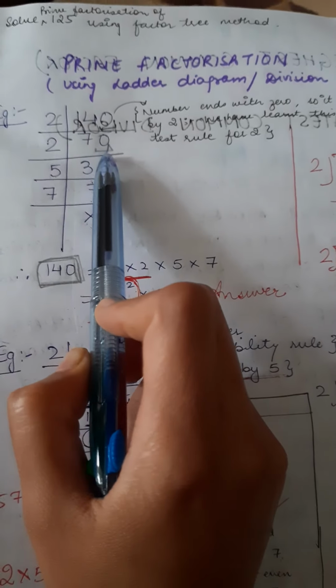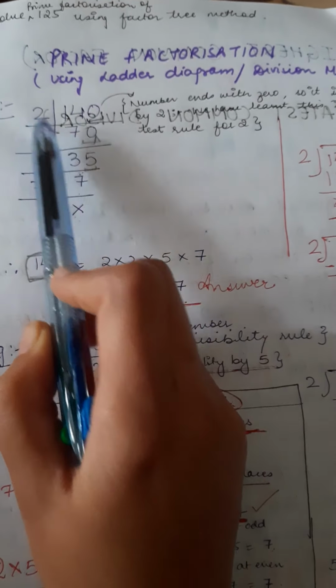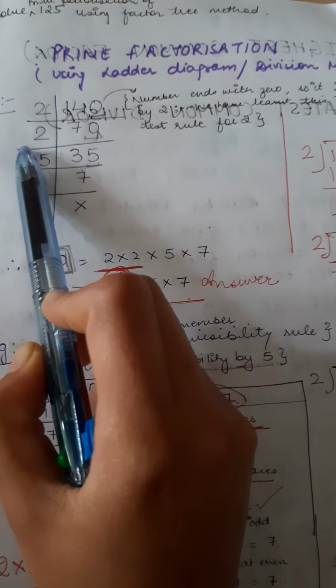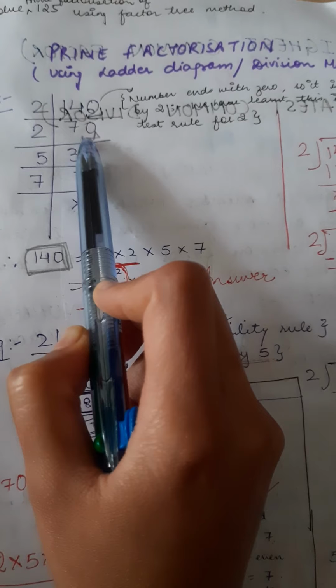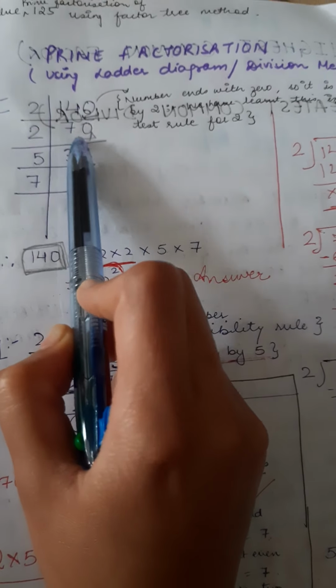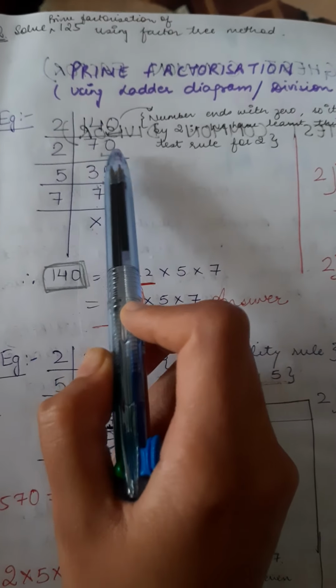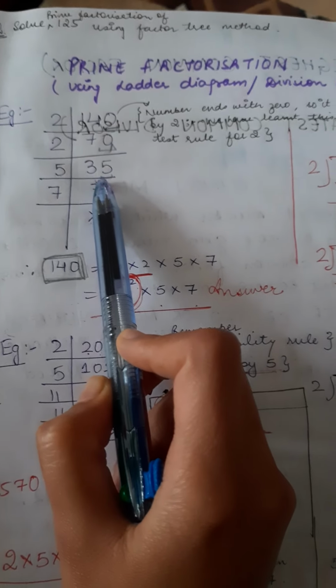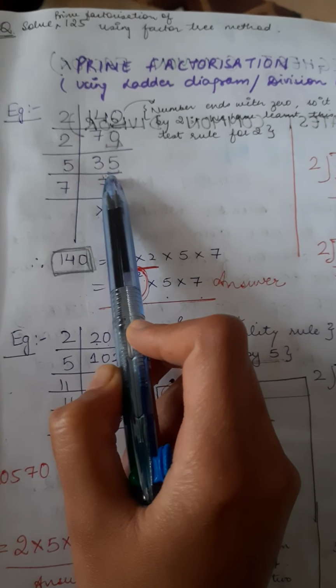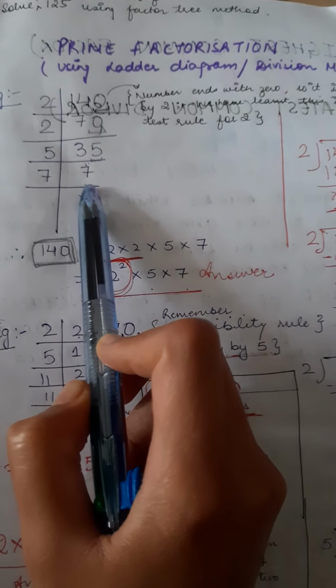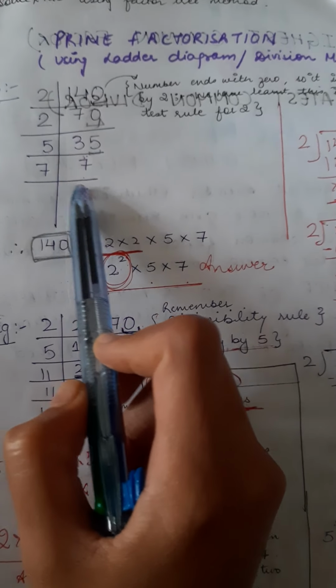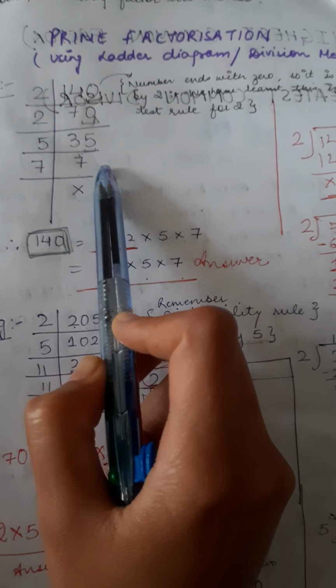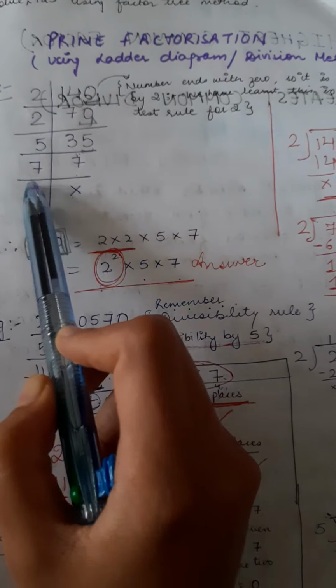When we will be dividing this 140 by 2, we will be getting what? 70. Again 0 has come, so it is divisible by 2. So 2 into 35 gives us 70. Now 5 is at the end, so according to the divisibility rule of 5, 5 sevens are 35, and 7 is a prime number, so therefore 7 ones are 7.